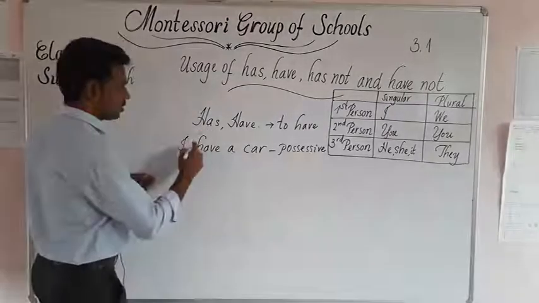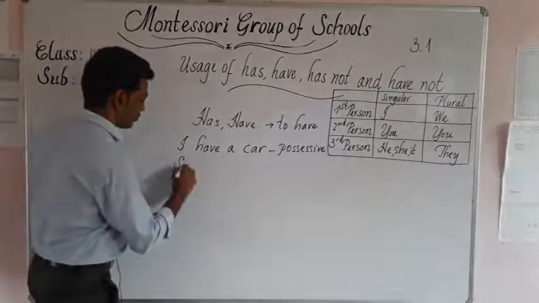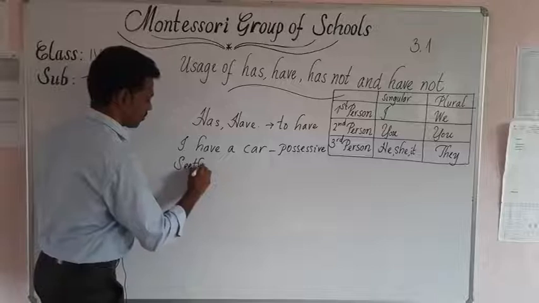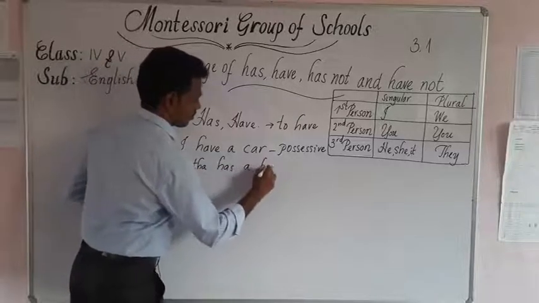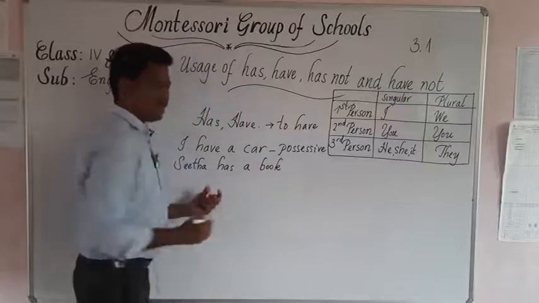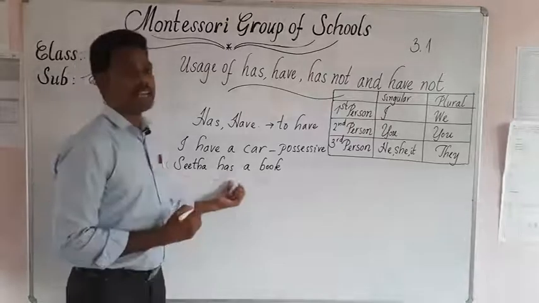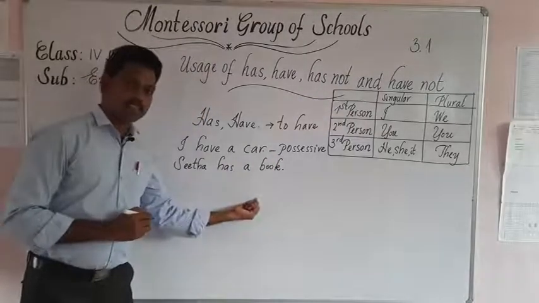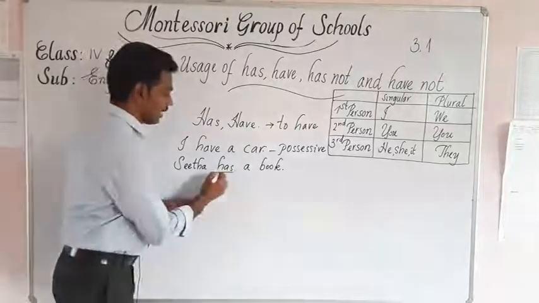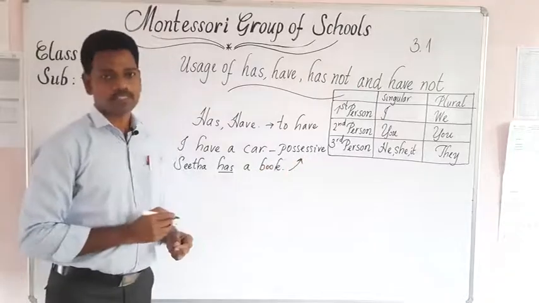Next word, it is has. Sita has a book. So in this sentence, the word has is again showing the possessiveness.